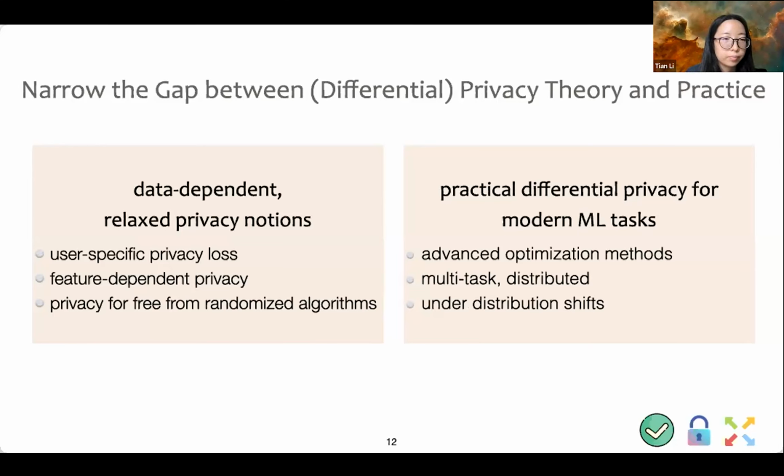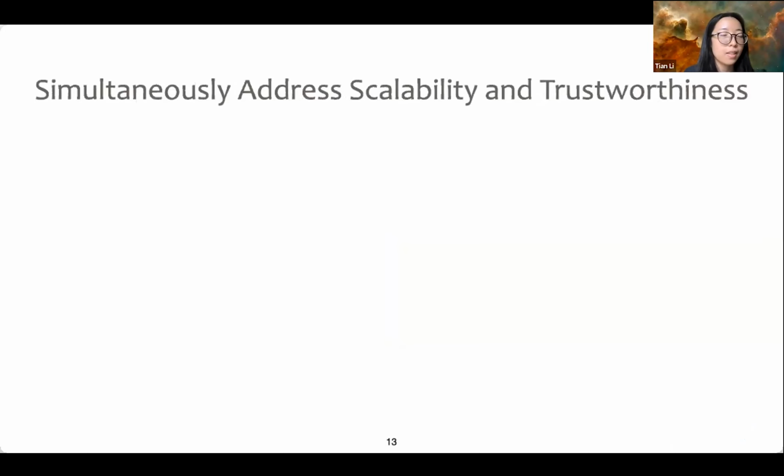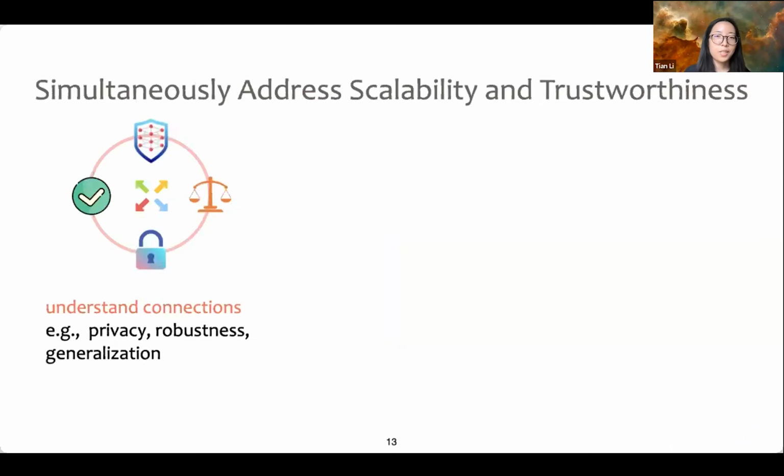So lastly, I think it's also very open to think about how to jointly address scalability and trustworthiness. There are many open problems in the interconnections among various metrics, like the interplays between privacy and robustness and generalization.